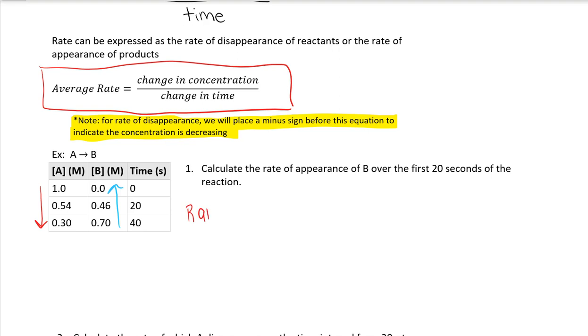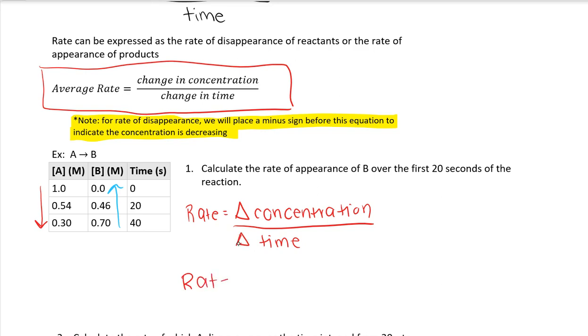So to calculate rate, we're going to take the change in concentration. Remember, delta means change. And we are going to divide by the change in time. All right, so we want to calculate the rate of appearance of B over the first 20 seconds.